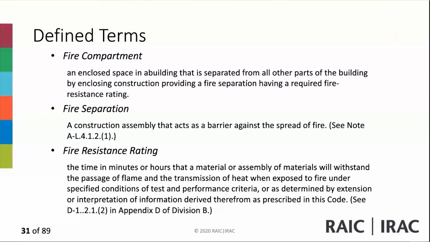And remember where is Appendix D? It's right before Division C, so it's at the end of Division B. Fire performance ratings, D. And we're going to take a look at D-1.2.1.2.